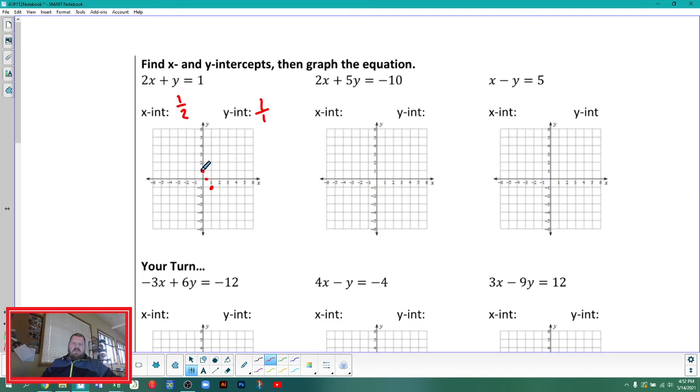And it turns out that for every 2 I go down, I go over 1. So I sort of get a made up slope. Oops, that's not what I want to do. I want to graph a line. Let me graph a line. Let's go. And just tweak it a little bit to get it through those points.